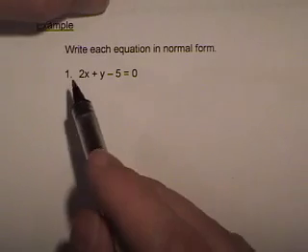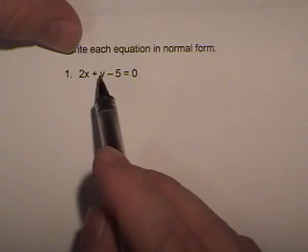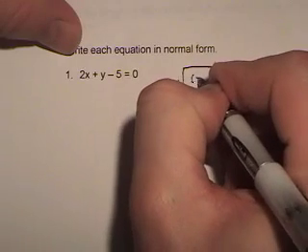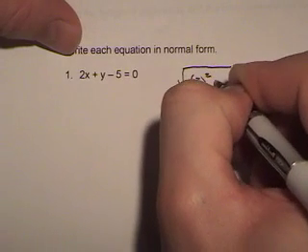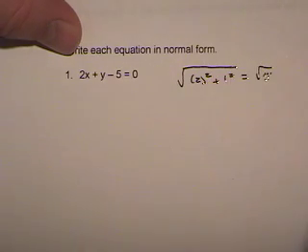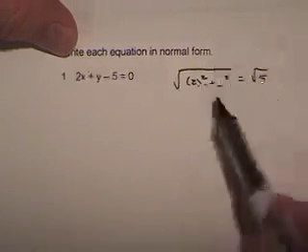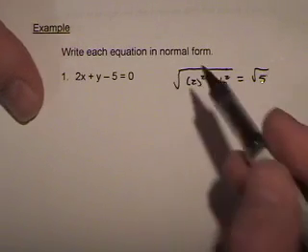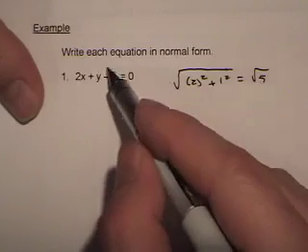I first have to find the square root of a squared plus b squared, the numbers in front. So I want 2 squared plus 1 squared, square root of 5. So I get the number first. Now I have to determine if it's plus or minus, and that's determined by the opposite of this sign.